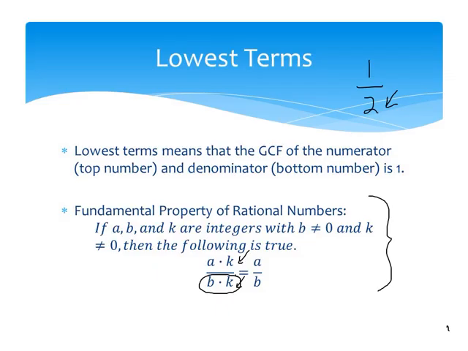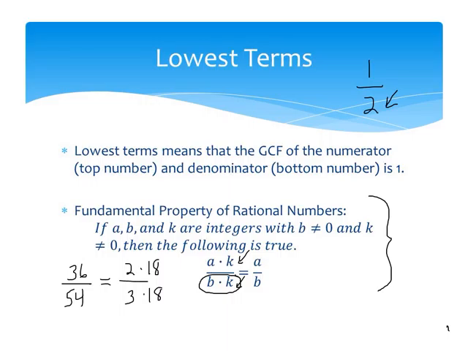So for example, if I have 36 over 54, I could say that that is 2/3, and multiplying the numerator and denominator each by 18 gives me that 36 and 54. So in this case, k is 18.